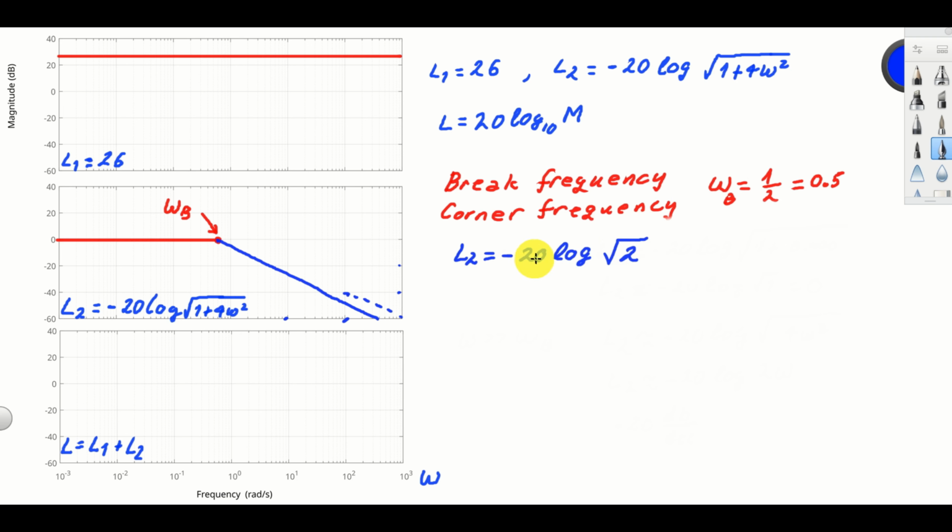And if you evaluate this expression, you will see that this is approximately minus 3.01 dB. And this is the maximum error that our asymptotes are creating. That is, over here, the actual value of our function L2 is here. And this is the maximum error we are making.